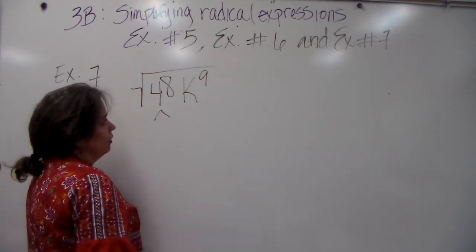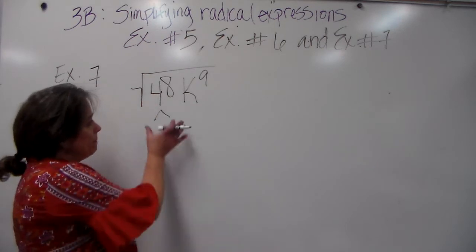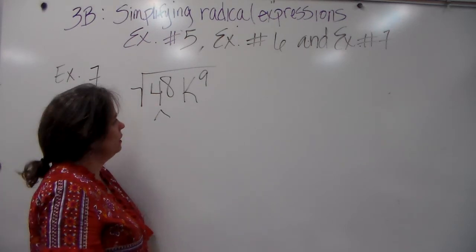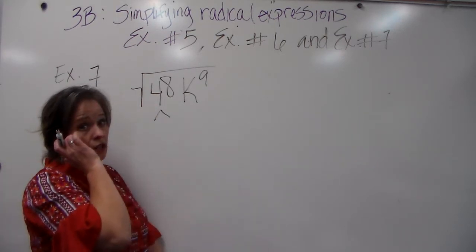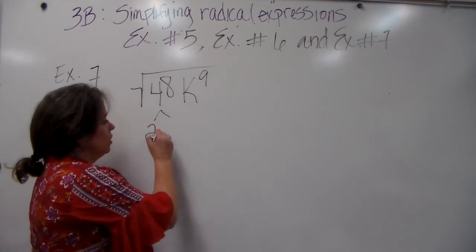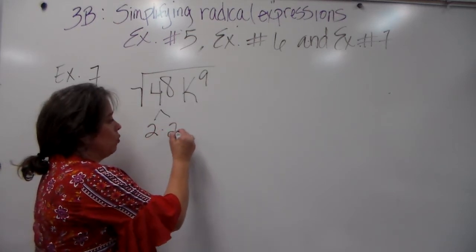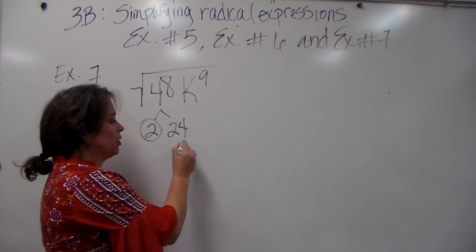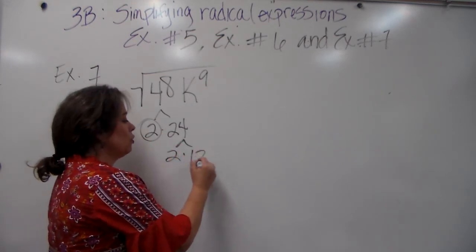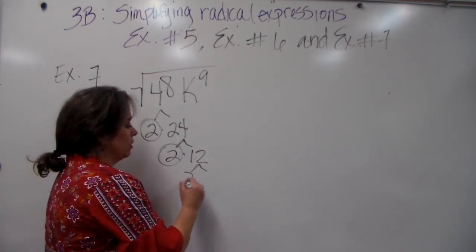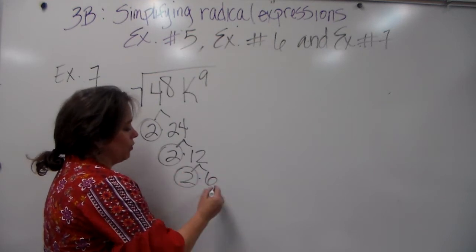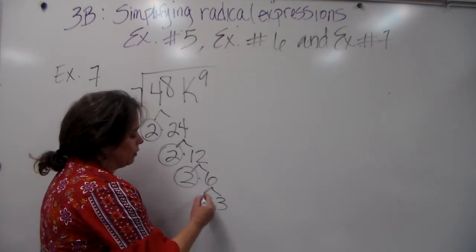So we're gonna use that number part and factor that into its primes. So we'll go 2 times 24 for our first branch, 2 times 12 for our second branch, 2 times 6 for our third branch, and then 2 times 3.